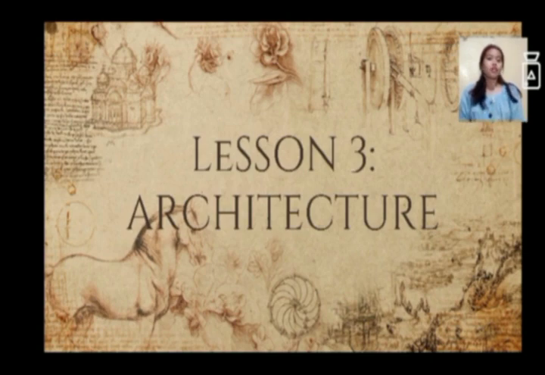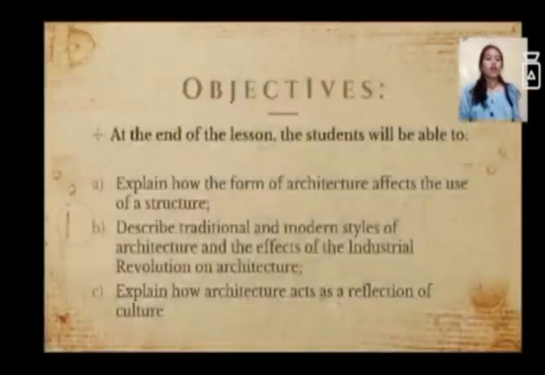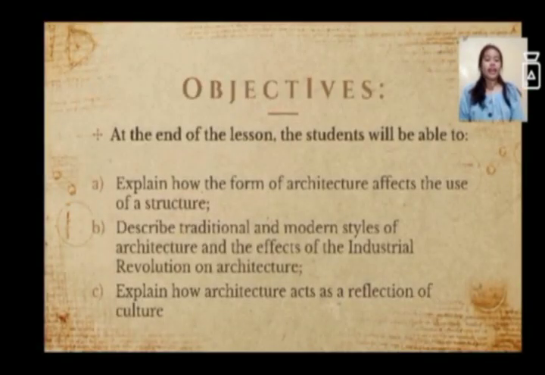On behalf of my group, I will discuss the introduction and the material of Lesson 3, Architecture. So first, what are the objectives? At the end of the lesson, the students will be able to explain how the form of architecture affects the use of a structure, to describe traditional and modern styles of architecture and the effects of the Industrial Revolution on architecture.